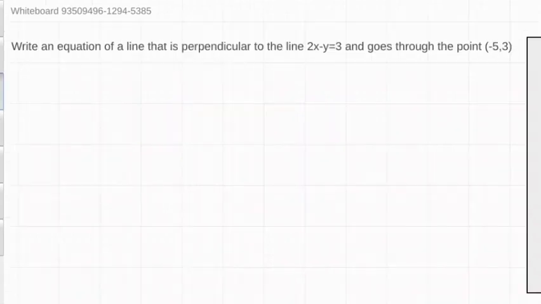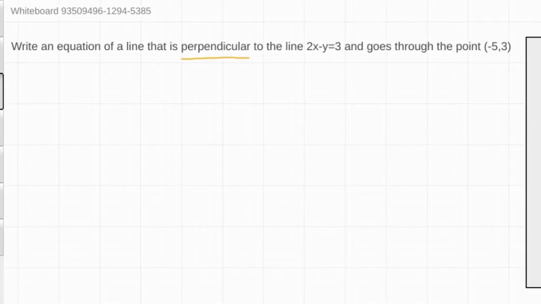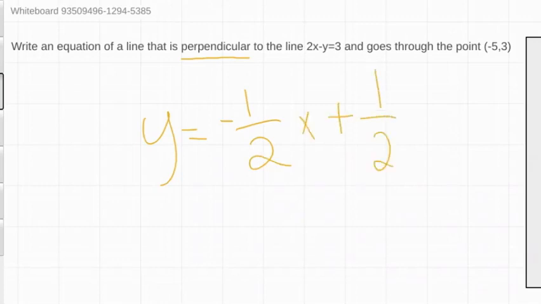Write an equation of a line that is perpendicular to the line 2x minus y equals 3 and goes through the point negative 5, 3. Do this on your own and come back when you have an answer to check. So our perpendicular line would be y equals negative half x plus half. You could do 1 over 2 or you could do 0.5. But that is our answer.